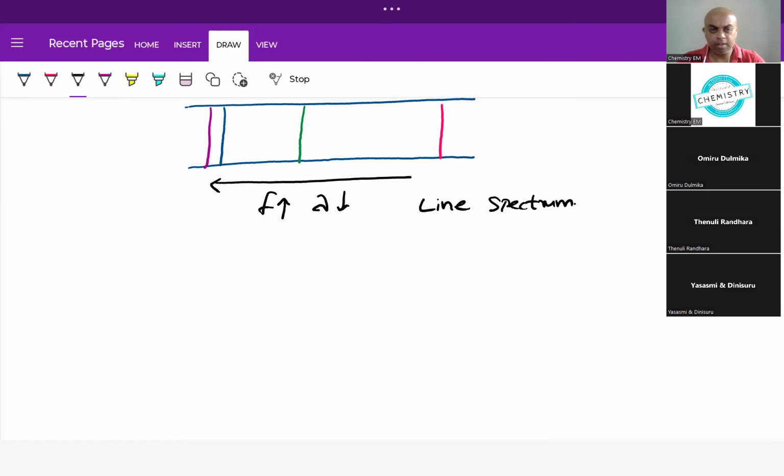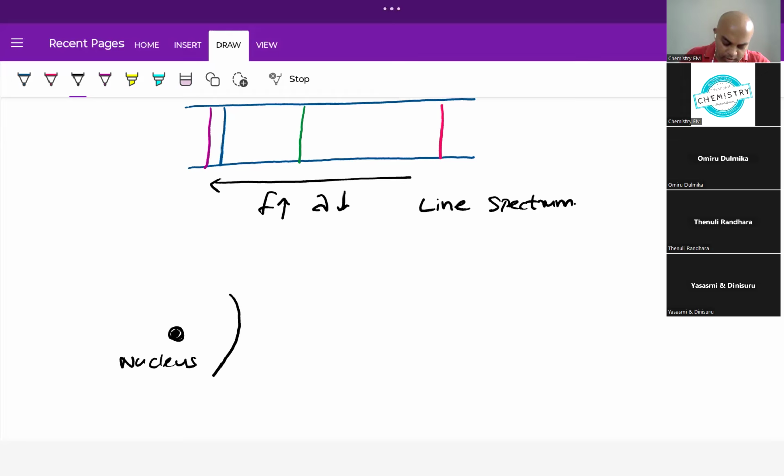Now, people wanted to understand how this is happening. What is the reason for it? So they came up with the idea of energy levels. What are the energy levels? Now we have the nucleus here. Around the nucleus, there are energy levels, right?